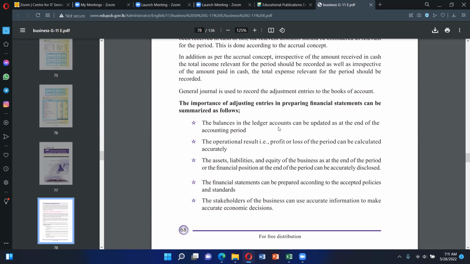Number one, the balances in ledger accounts can be updated. Number two, profit or loss for the period can be calculated accurately.